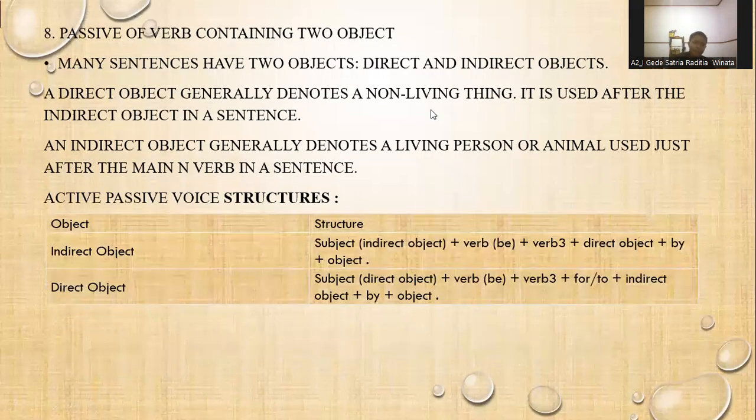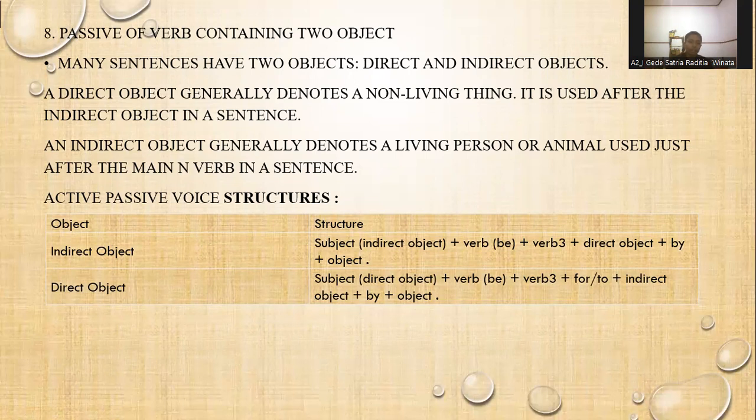The eighth topic: passive voice of verbs containing two objects. Many sentences have two objects, a direct and an indirect object. A direct object generally denotes a non-living thing and is used after the indirect object. An indirect object generally denotes a living person or animal and is used just after the main verb in a sentence.